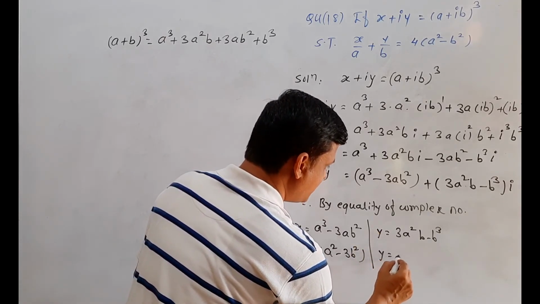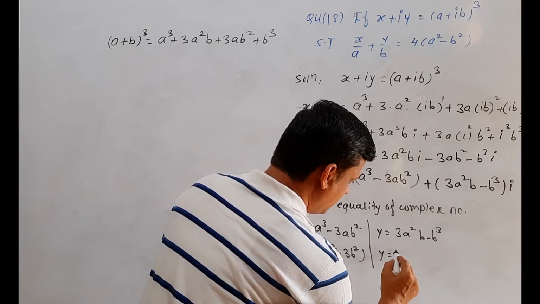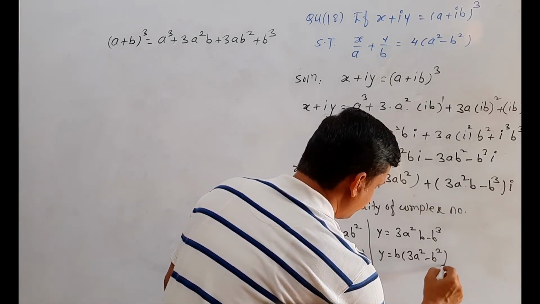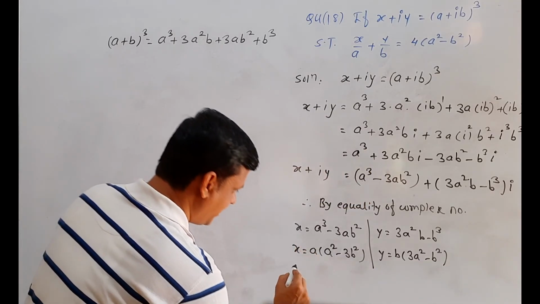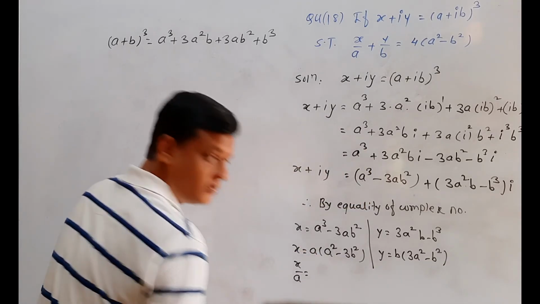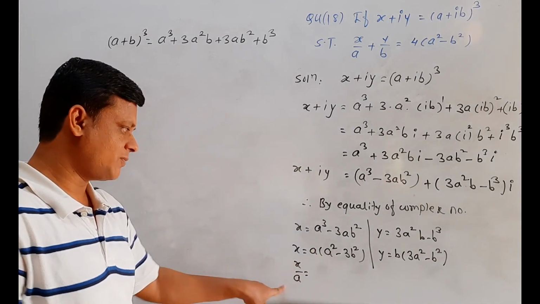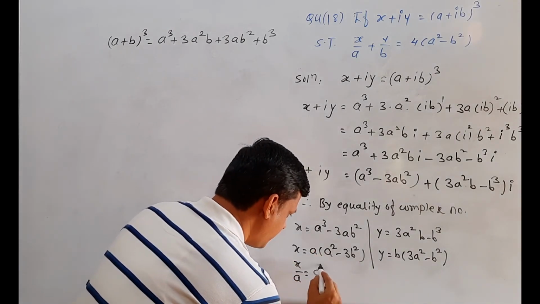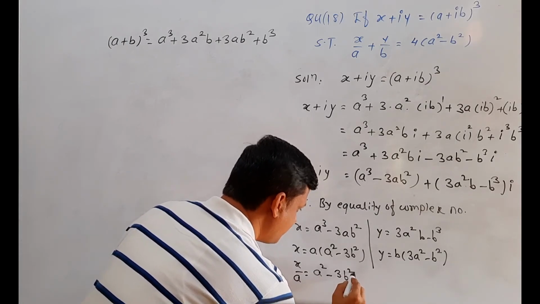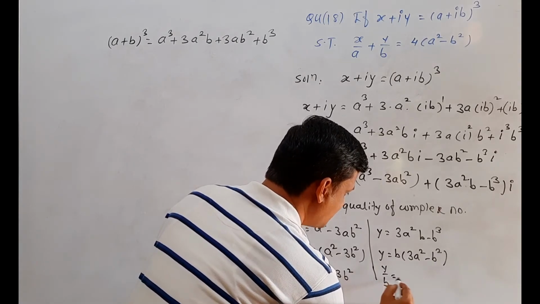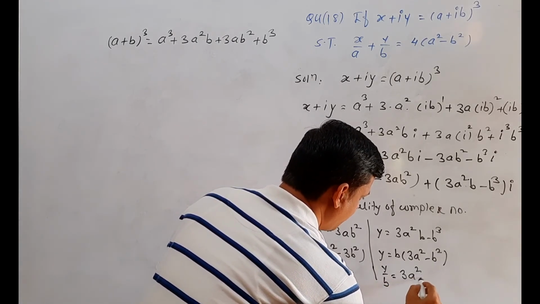Here we write y equals, if we take b common, b times (3a squared minus b squared). So from this we can write x by a equals, when we take a to the left hand side, x by a equals a squared minus 3b squared. When we take b to the left hand side, y by b equals 3a squared minus b squared.